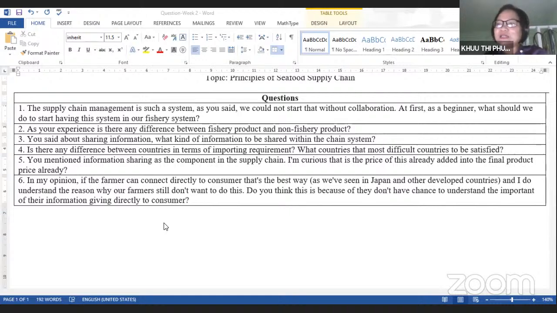So they don't understand. They don't want to, because they can sell their product very easily. Like in Vietnam, if you have the opportunity to come here, you can see the farmers can sell their product to the collectors very easily. Collectors come to their farms, collect their product and pay the money. They don't have to spend any transaction cost anymore. So it's very convenient to sell their products. So why would they think about traceability?